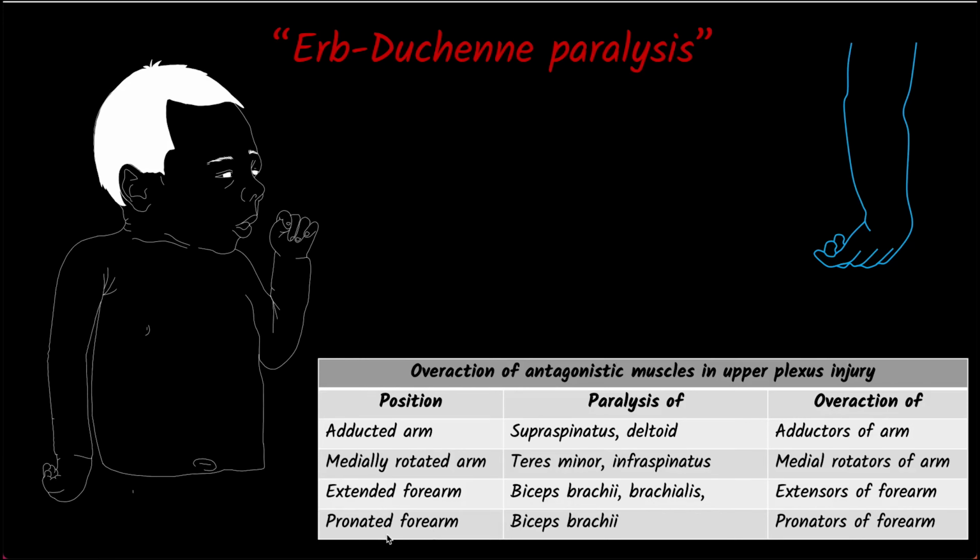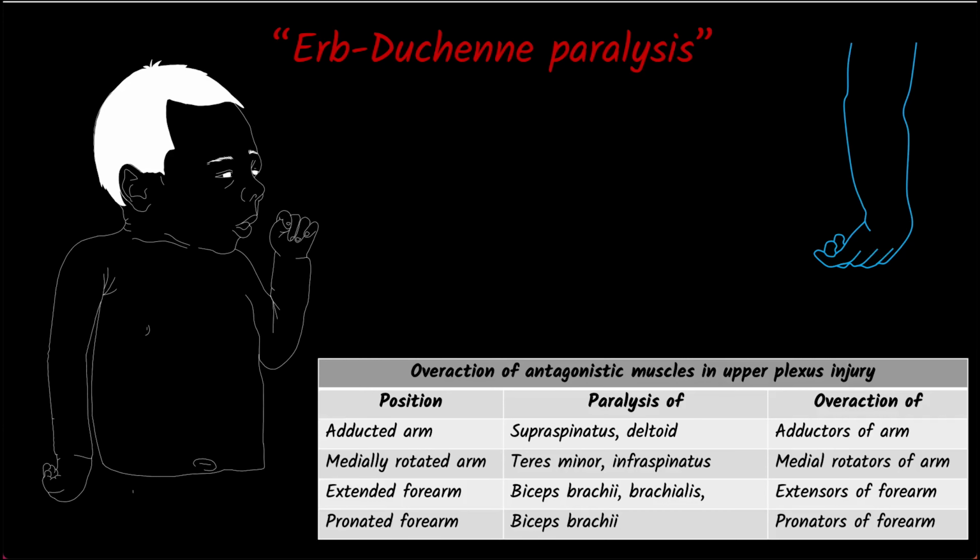This pronation is because the biceps is not working, and pronator teres and pronator quadratus are the only active ones. The biceps is the main supinator muscle. So these are the factors which predispose to this classic Erb-Duchenne paralysis, where we have involvement of the upper part of the plexus and the hand goes in this classic pattern, which is waiter's tip hand, and it has so many other names. I hope this is clear to you all.